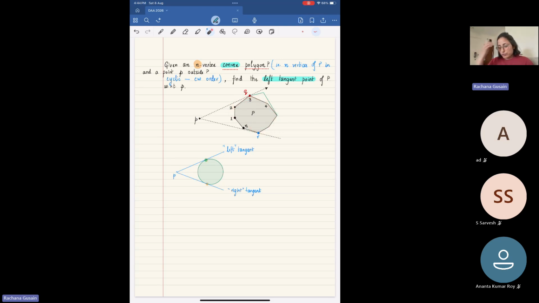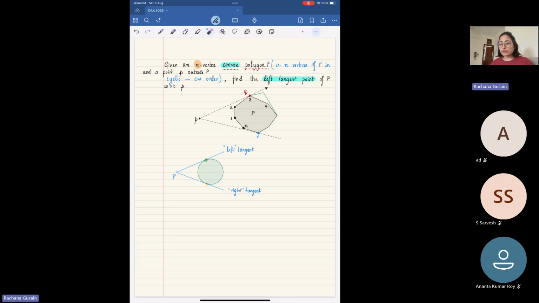They lie in the convex polygon, and I want to find the left tangent point. I know the property of the left tangent point, and I can check for that property in constant time. Now, I want you to come up with an algorithm to find the left tangent point in linear time.